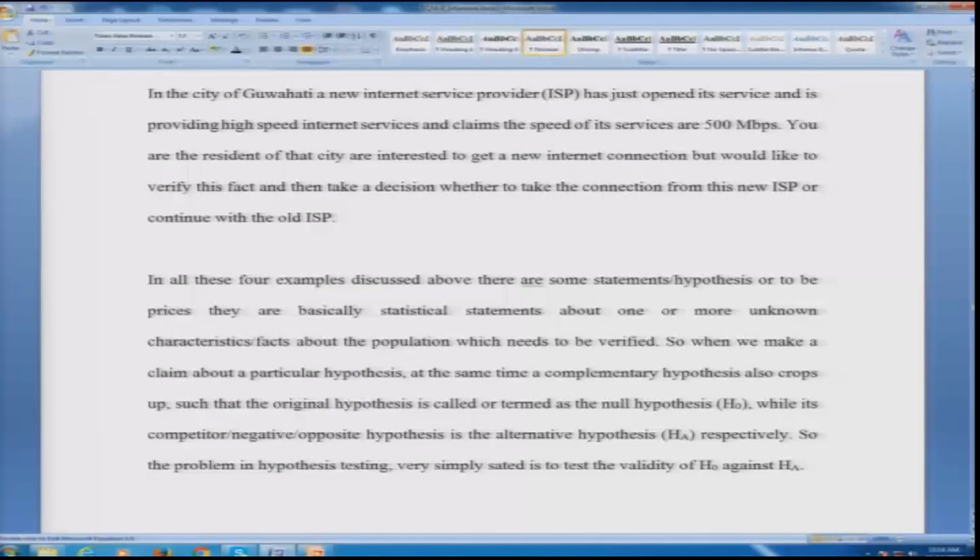So, when we make a claim about a particular hypothesis, let me read it again. At the same time, a complementary hypothesis also crops up, such that the original hypothesis is termed the null hypothesis, which is H suffix 0, while its complementary or negative counterpart, the opposite hypothesis, is the alternative hypothesis, which is given by the symbol H suffix A. So, the problem is to state the validity of H0 versus HA.